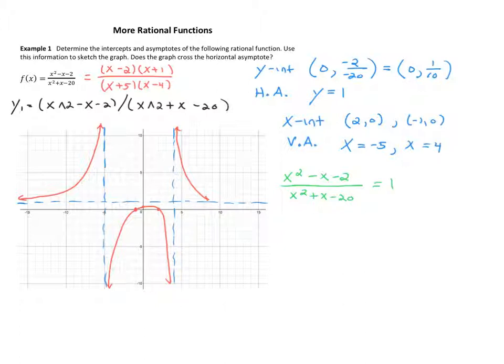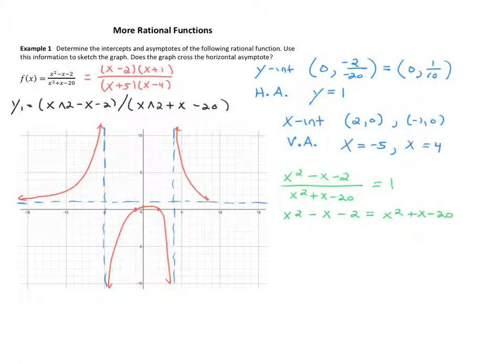Does this ever happen? It looks like a very difficult equation. However, I'm going to cross multiply and change my equation to x squared minus x minus 2 is equal to x squared plus x minus 20.